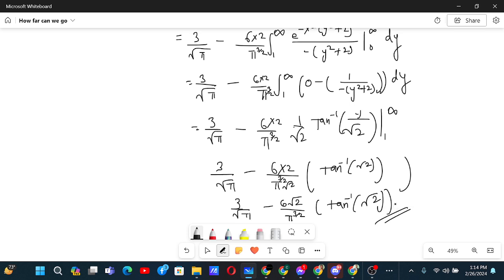So that is the answer, 3 by root pi minus 6 root 2 by pi to the power 3 by 2 tan inverse root 2.